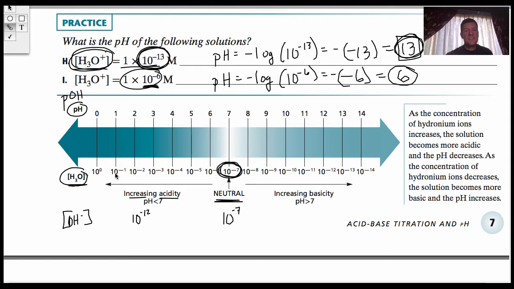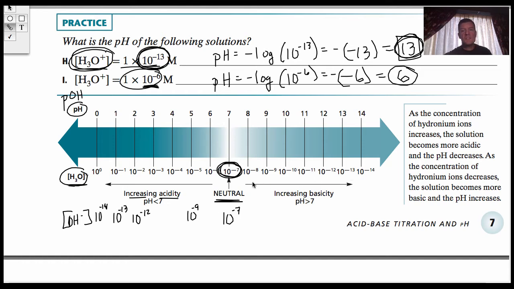If it's 10 to the negative 1, it's going to be 10 to the negative 13 for hydroxide. If it's 10 to the 0, it's going to be 10 to the negative 14 for hydroxide. If it's 10 to the negative 5 for hydronium, it's going to be 10 to the negative, you guessed it, they have to always add up to negative 14, these exponents. So it's going to be a negative 9.